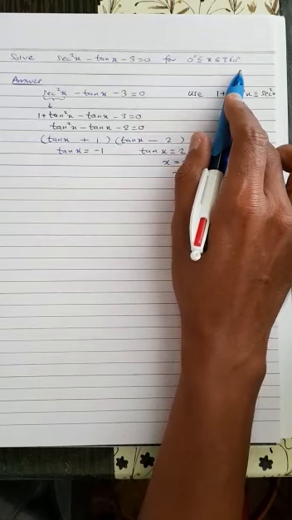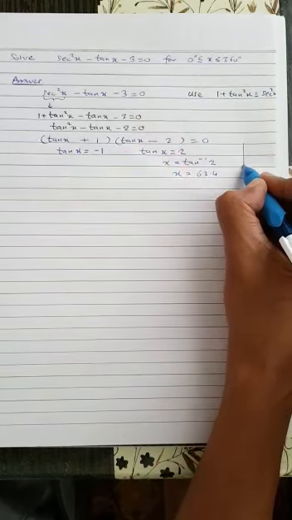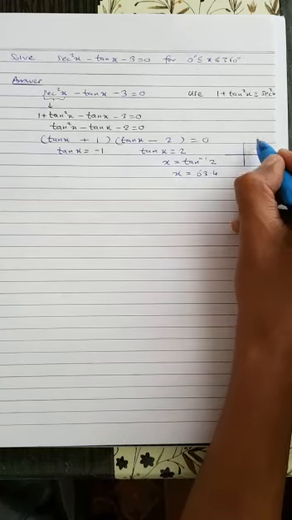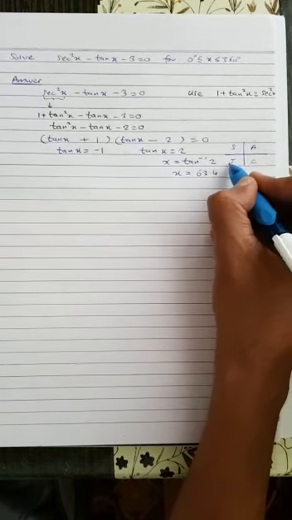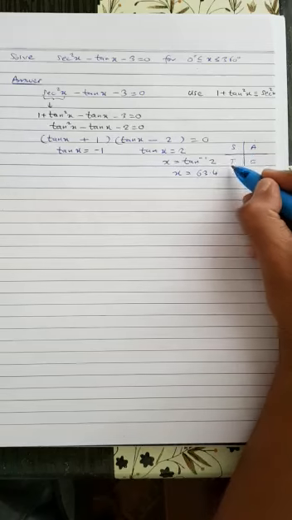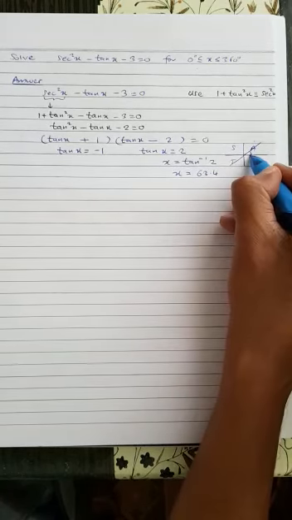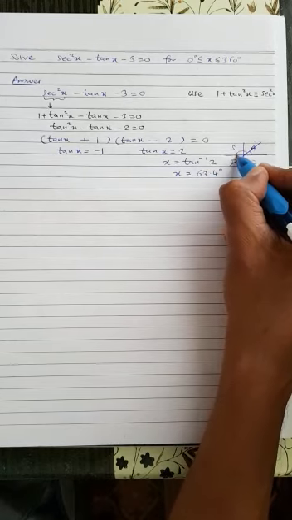So what are we saying then? If we look at the quadrants, you have all science teachers cheat. Tan again is falling in this quadrant here. So this is our basic one, 63.4 degrees, but the other one is here.